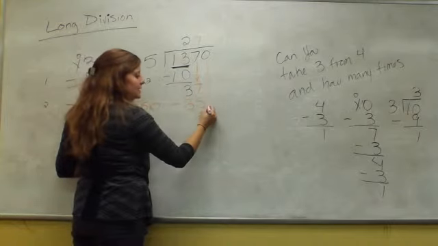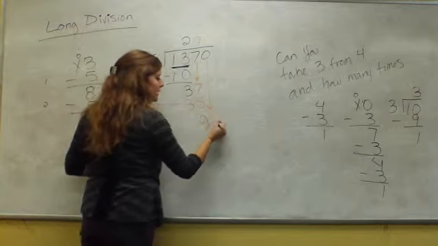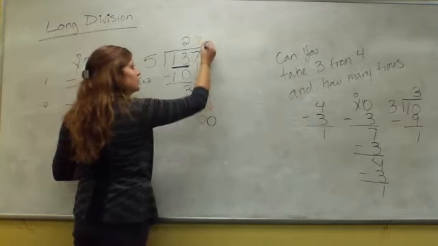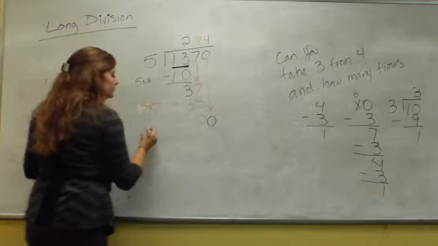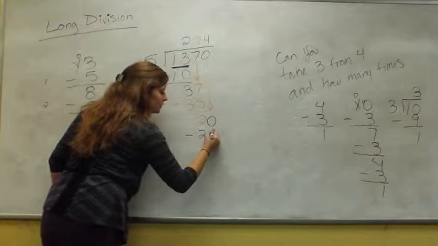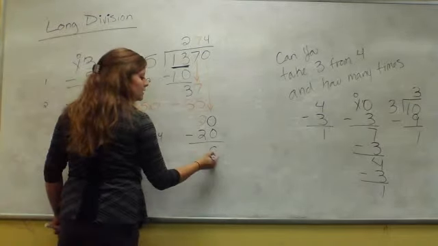I bring down my 0. So now I have 20. How many times does 5 go into 20? 4. 5 times 4. What's my remainder? Nada.